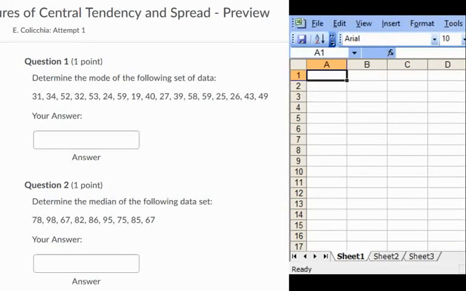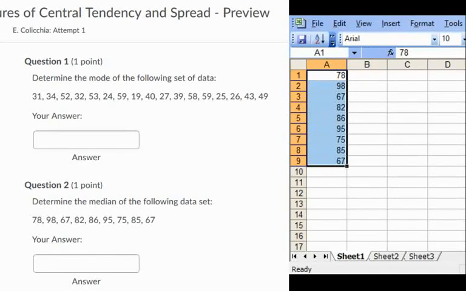Next problem, it says determine the median of the set of data. And we could do this the same way. First, we need to organize the data. So let's start by typing in our data: 78, 98, 67, 82, 86, 95, 75, 85, and 67.